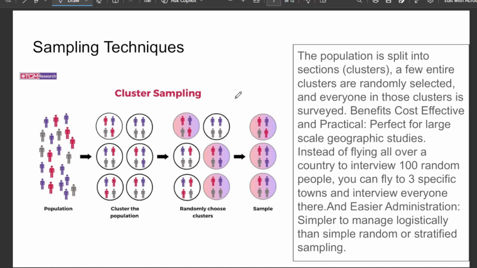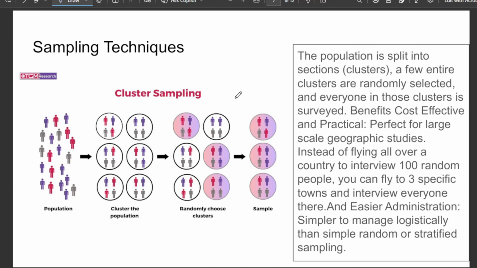Perfect for large-scale geographic studies, instead of flying all over the country to interview 100 random people, you can fly to three specific towns to interview everyone there. There's also easier administration, simpler to manage logistically than simple random or stratified sampling.